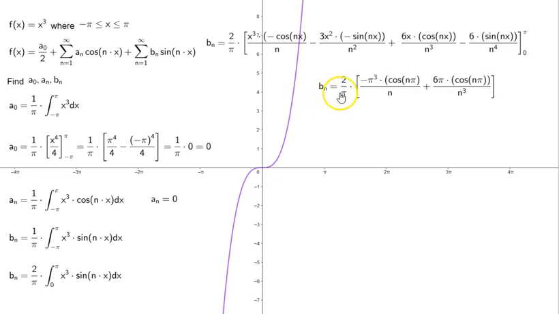So we end up with bn is equal to 2 by pi times, now here, if we substitute pi, what will happen? Cos n pi will be either minus 1 or plus 1. Yes, so these will remain. But sine pi is what? 0. So this term will disappear.